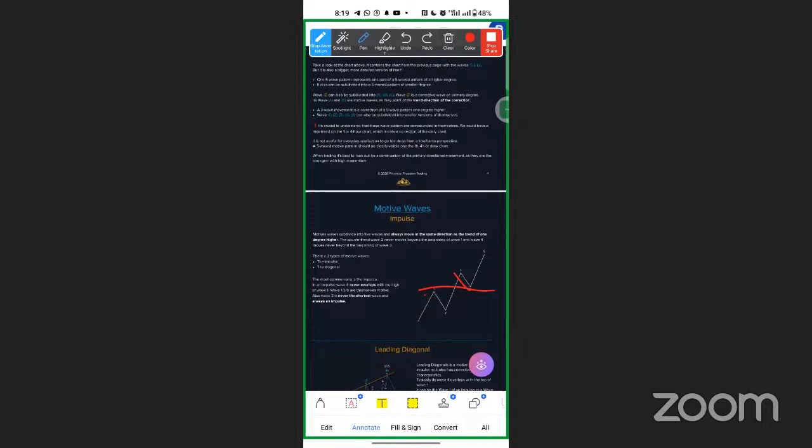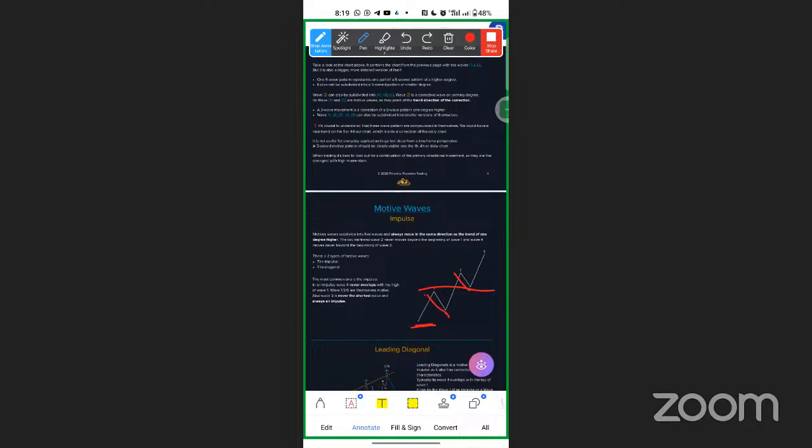Wave 2, it is important that the counter trend wave 2 never moves beyond the beginning of wave 1. If you draw your Elliott wave and you find that your wave 2 is moving beyond wave 1, that is not the Elliott wave.